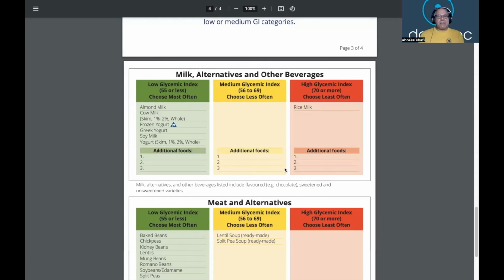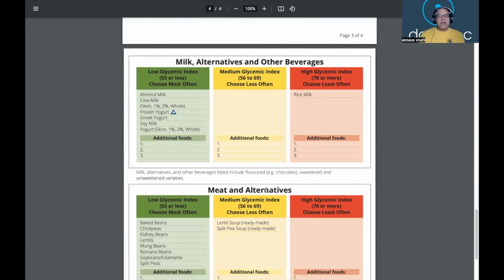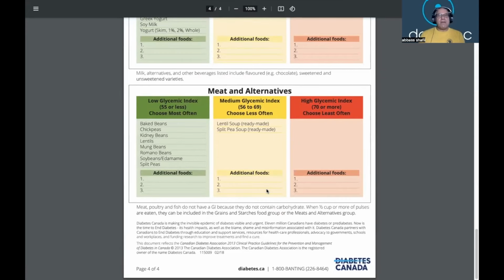Beans and legumes, the majority of these are very low glycemic. They're a great substitute for protein from animals, and a great source of fiber. Again, it depends on how you cook them, and if you make them fresh at home, of course they have very low glycemic impact.